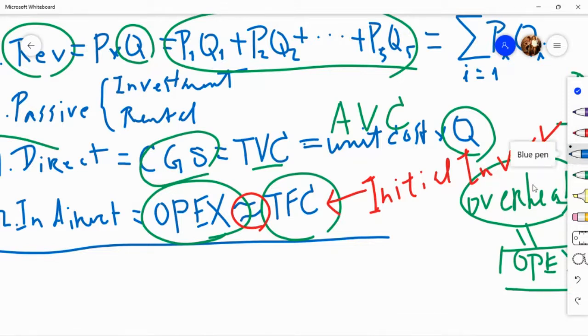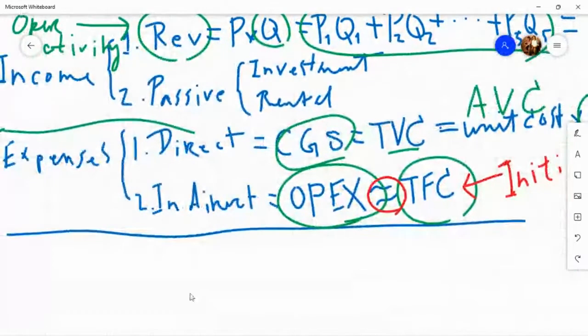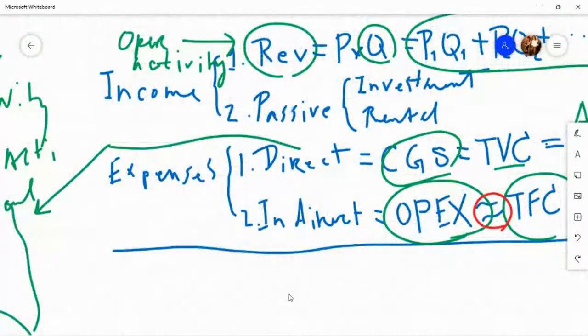So once all of these are detailed out, income detailed out, expenses detailed out, what happens next? Of course, you have to subtract, right? Subtraction must happen next.